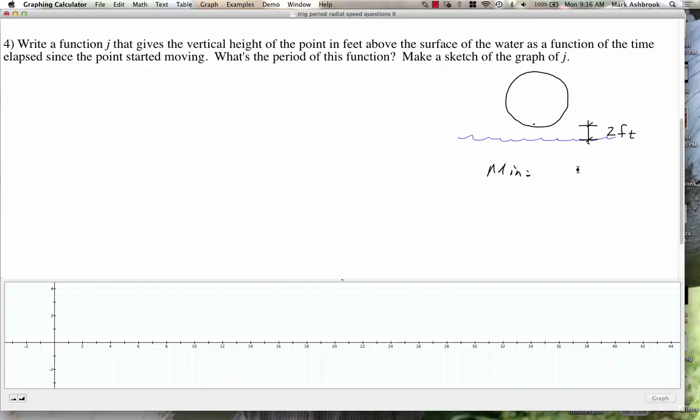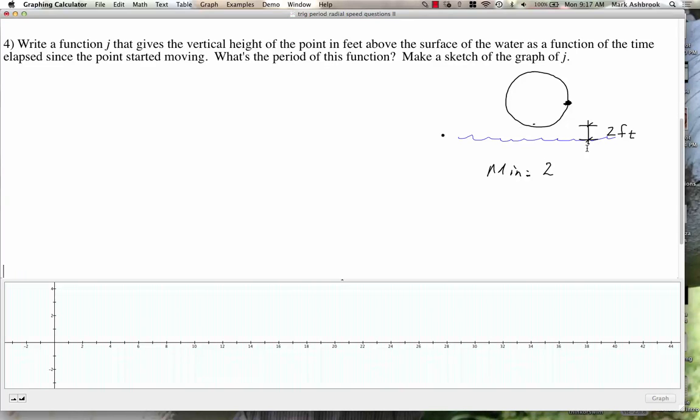What's the minimum value this function j will attain for tracking the height of the point on the wheel above the water? It's height above the water. 2 is the minimum, right? It's always going to be greater than or equal to 2.